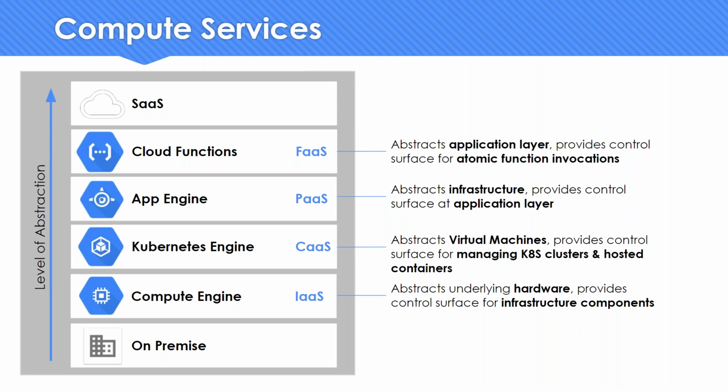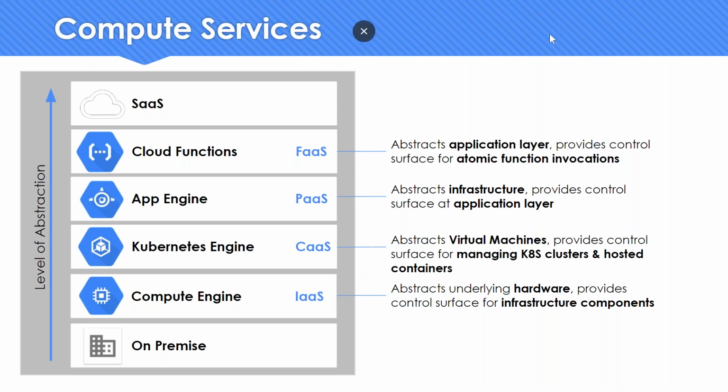In between them is what we are going to use most in our class. If you don't want to have capital expenditure, you're going to use the closest one in cloud, which is IaaS, infrastructure as a service.